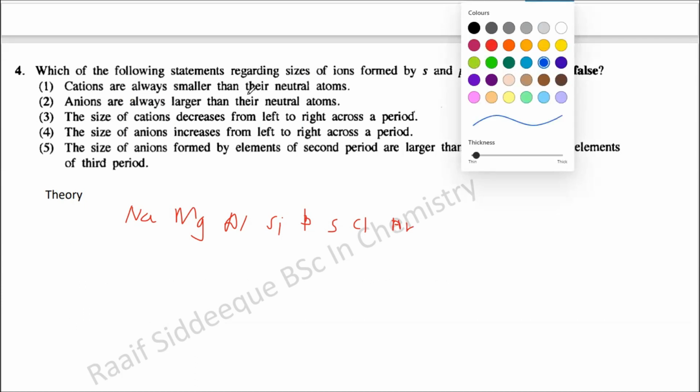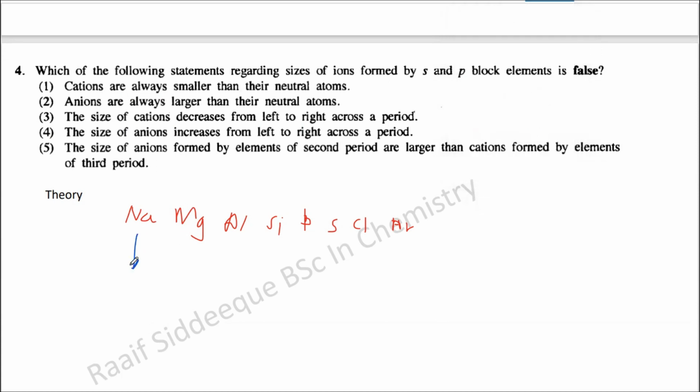Okay, so let's check. The cations are always smaller than their neutral atoms. For an example, let's take sodium plus. Here there were 11 electrons and here there are 10 electrons, but here there are 11 protons and here still 11 protons. So the effective nuclear charge is higher here because one electron is missing now.